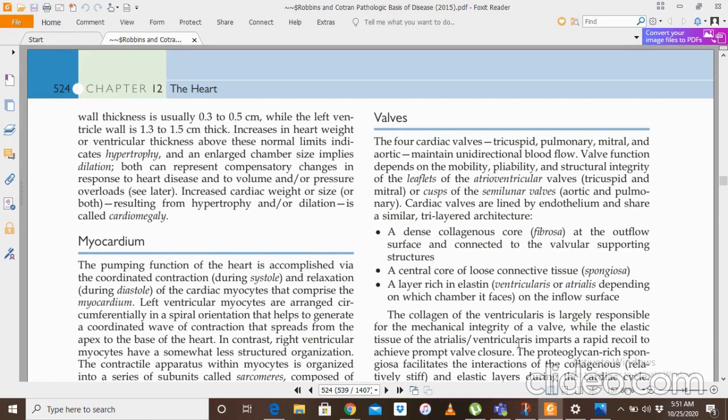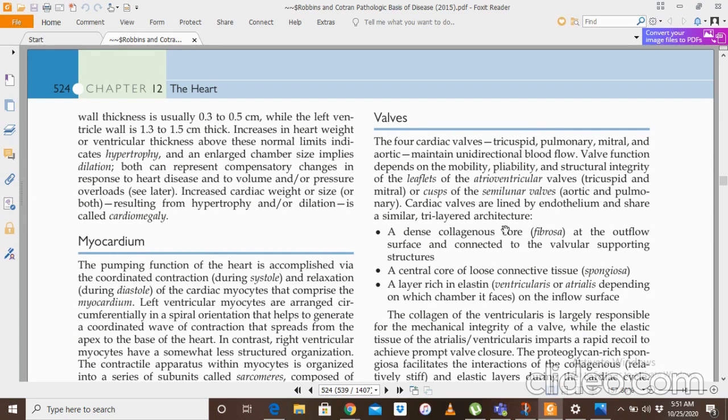Because the left ventricle has to pump blood to the systemic circulation, the whole body, while the right ventricle pumps blood to the pulmonary circulation. So the pressure generated by the left ventricle is higher than that generated by the right ventricle, and the thickness of the left ventricular myocardium is greater.